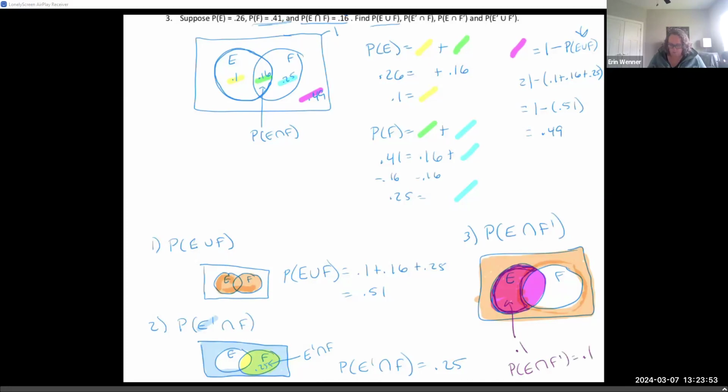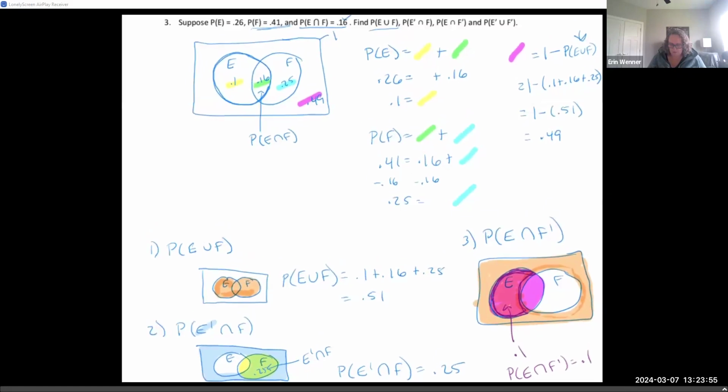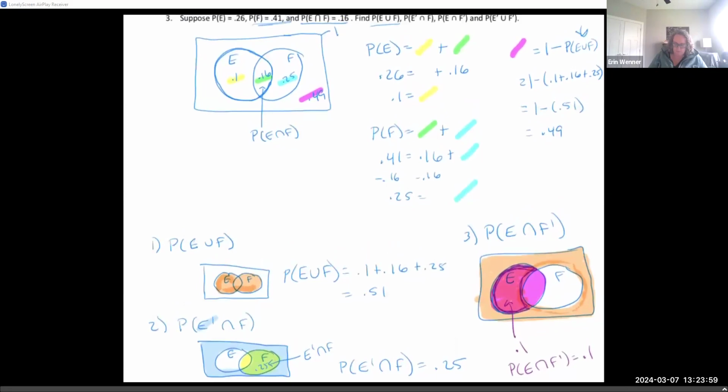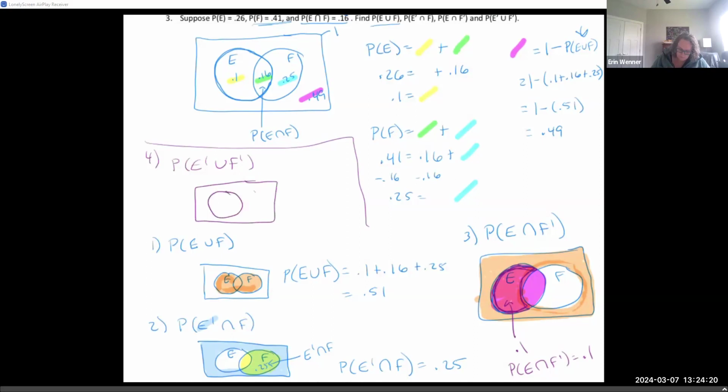All right, the last one, the probability of E complement unioning with F complement. I know I'm running out of room on my page here. Because we're looking at a union, we want to use a single color to shade everything. So if I draw my little mini diagram, and I go up and choose a color, let's use green.